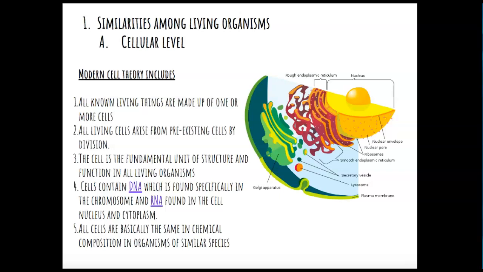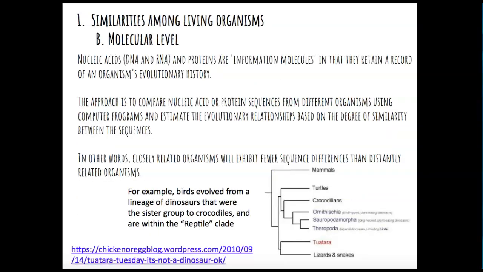So no matter what living thing we're talking about, these different parts of the cell theory are true for all living organisms. The second part of similarities among living organisms is at the molecular level. So we're talking about DNA and RNA. Those, as well as proteins, are information molecules in that they retain a record of an organism's evolutionary history.